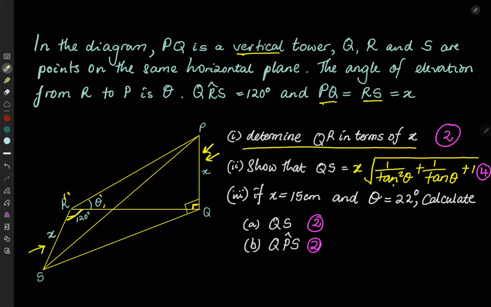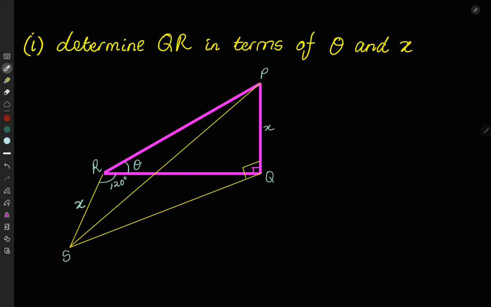So I know these questions can be overwhelming, but let's break it down one by one. Let's look at the first part here: determine QR in terms of x. This is exactly the same diagram that we had, but here I've highlighted the triangle that you need in order to determine QR, which is this line right here, in terms of theta and x.